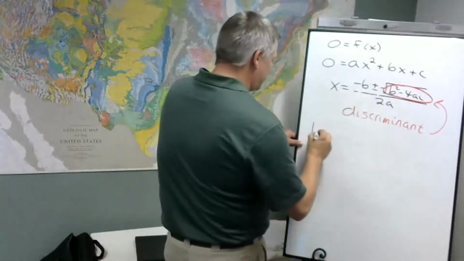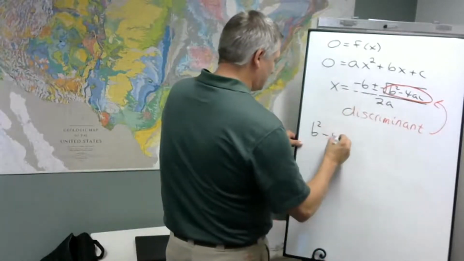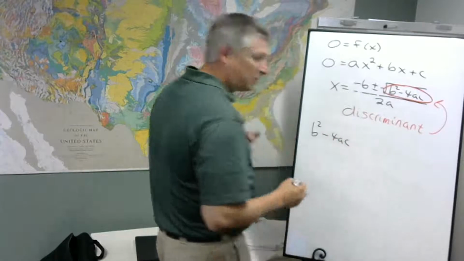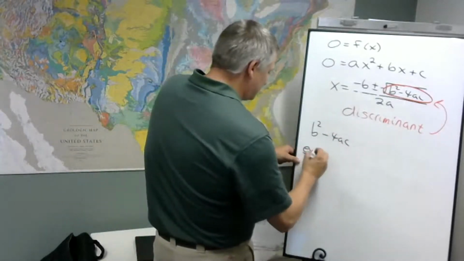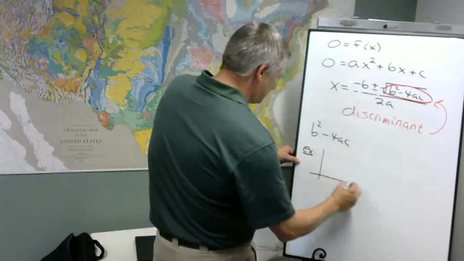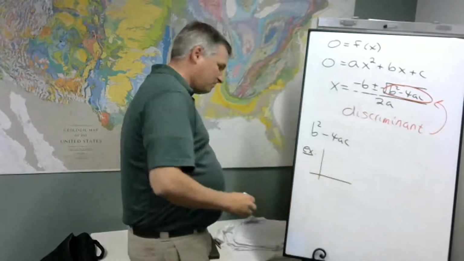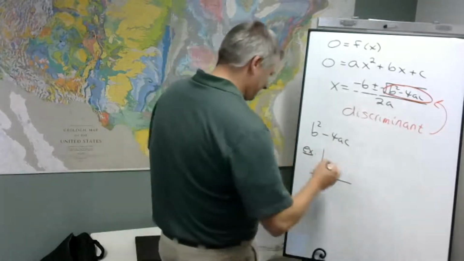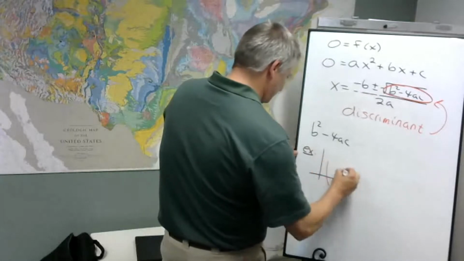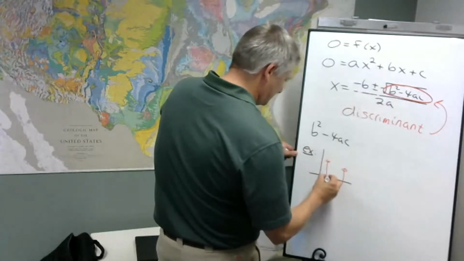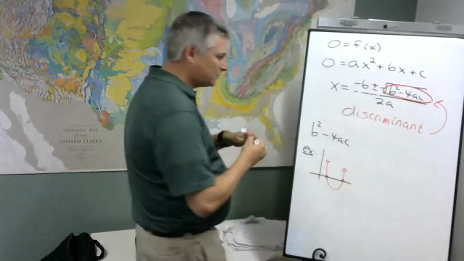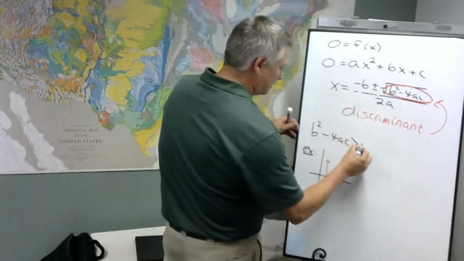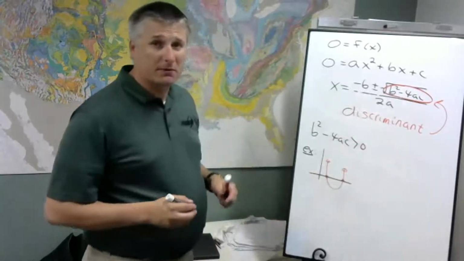So when you get this, you're going to get 2 x-intercepts. And so an example of what that might look like, something like this. There's an x-intercept, and there's a second x-intercept. And this is when this is positive, it's greater than 0.